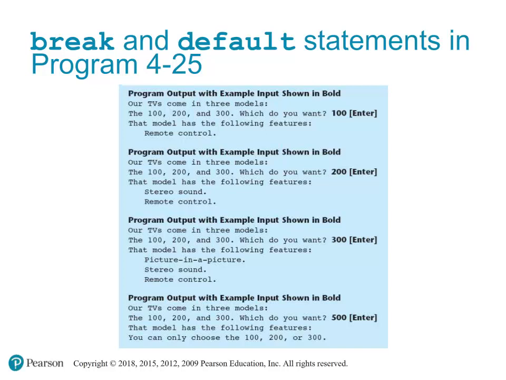If the user enters 300, the model has the following features: picture in a picture, stereo sound, remote control. And if the user enters 500, the message in the default case will be displayed. It says you can only choose 100, 200, or 300.